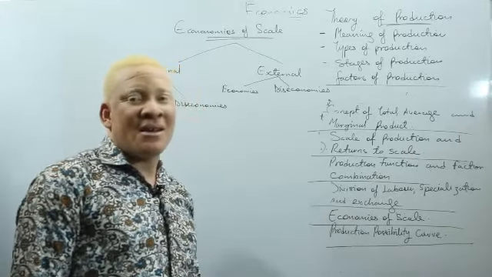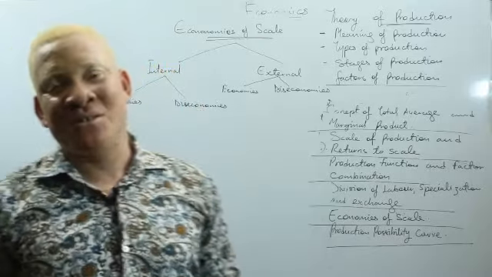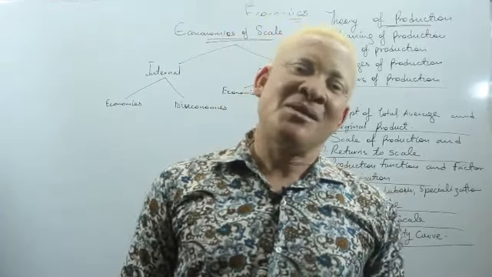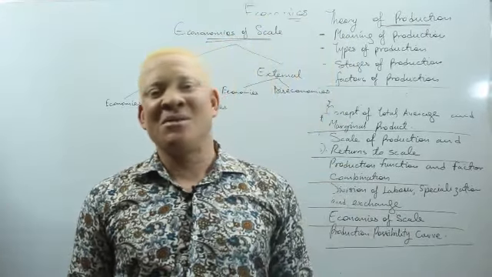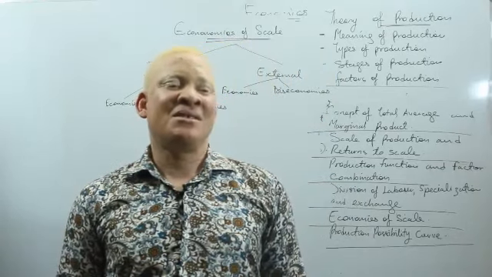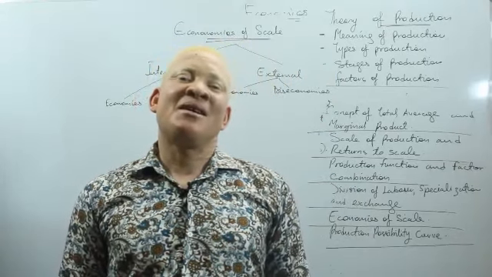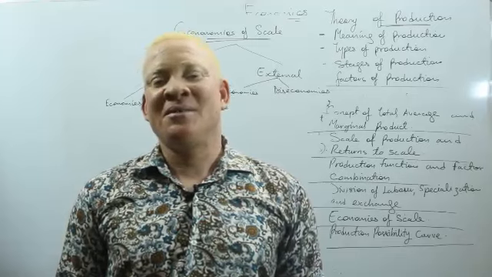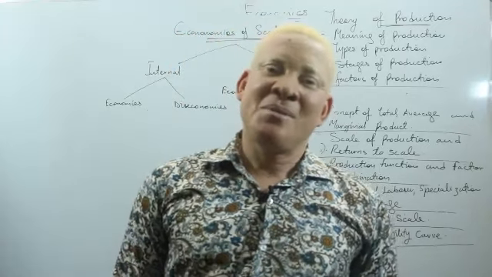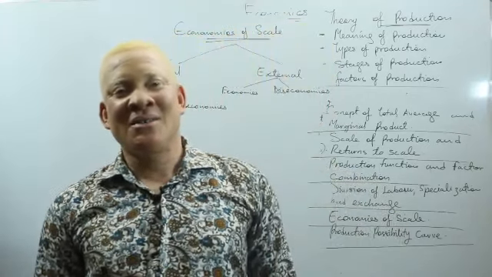For external diseconomies, it can come in the form of negative publicity, and it could come in the form of propaganda. You know, certain publications could actually, when a firm is so large, it becomes a kind of focal point for any media or newspaper or those kind of things.